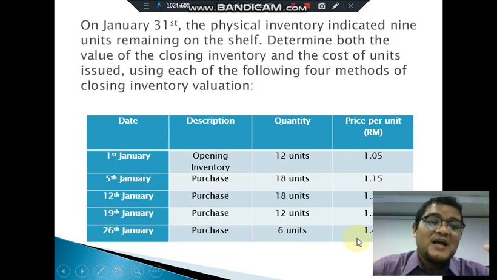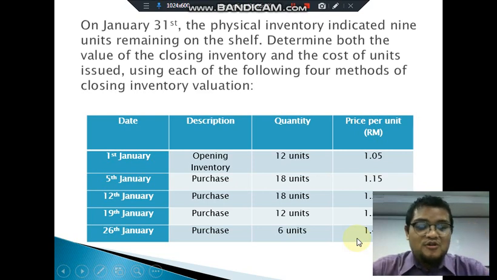So what happens to your cost? Your cost will be high in your accounts record. In your book, in your accounts, your cost of food is higher. What happens if the food cost is higher? When the food cost is higher, the profit will be lower. That is accounting. When you increase cost, you will get lesser profit. When you get lesser profit, you pay less tax to the government. And that is why people use LIFO.